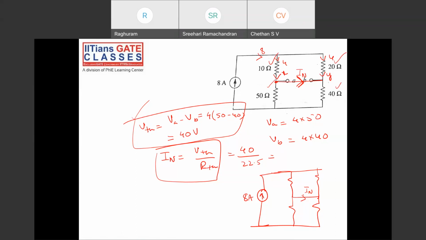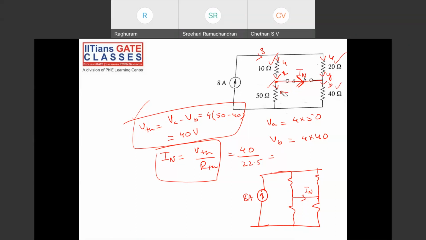Even then, if this is X and Y, and this is A and B, you'll again get A plus B is 8, X plus Y is 8, right? Are you getting me? Am I making it more complicated?